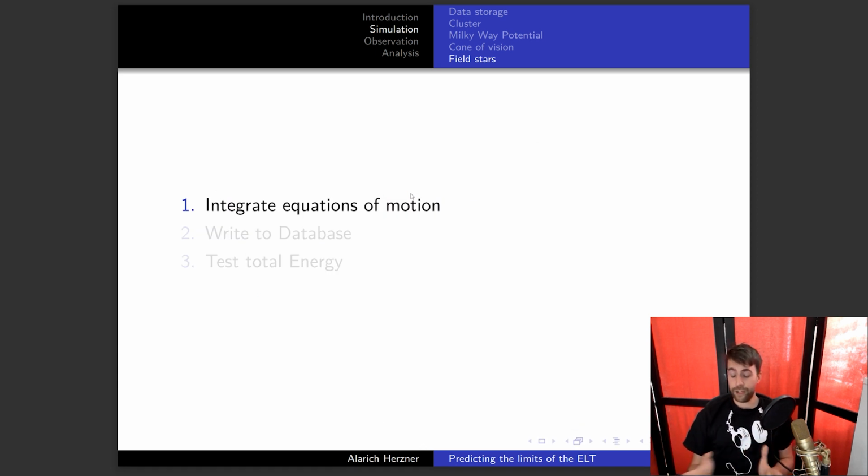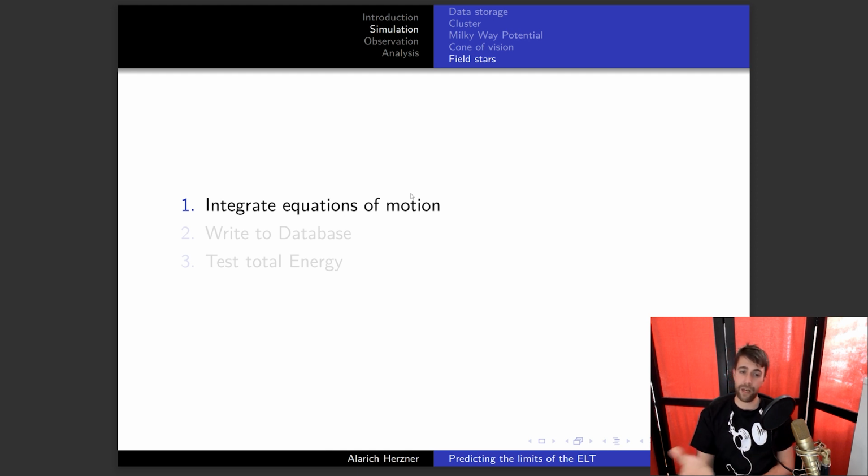So after initialization is complete, we have all the stars, we have all the masses, we have all the velocities. Now we need to integrate the equations of motion to get the snapshots of those stars at different time steps, right? So at time step 0, or at the current time, we have the positions and the velocities. Now, what will be the positions and velocities in, let's say, 7 days?